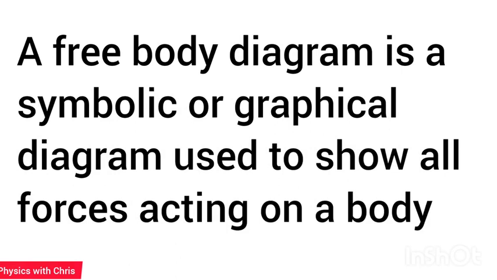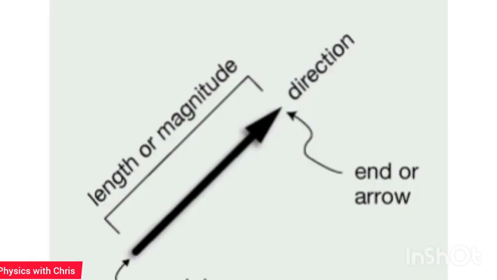A free body diagram is a graphical or symbolic, or you can also call it a vector diagram, that is used to show the relative magnitude and direction of all the forces that are acting upon that object. Recall we said that we use a line segment and an arrowhead to represent a vector, the length of the line proportional to the magnitude of the vector, and the arrow points in the direction the vector is acting.